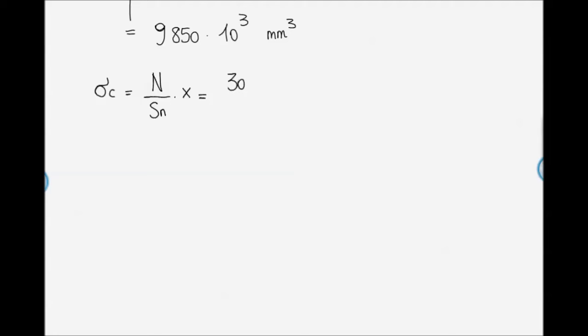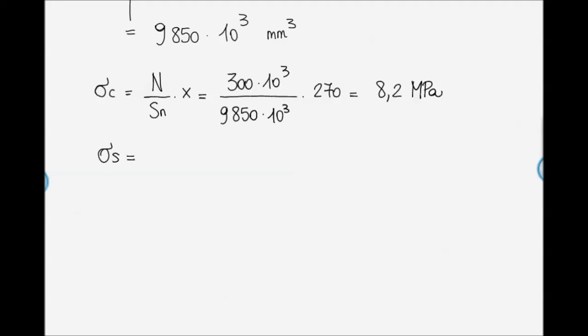That is 300 by 10 to the power of 3 in order to obtain Newton over Sn by x, which gives 8.2 megapascal.